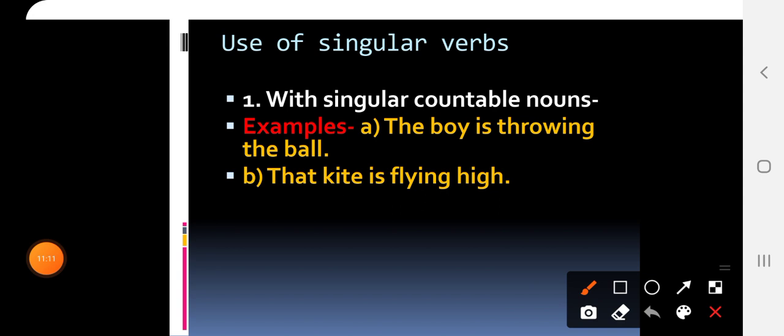In the first example, the boy is singular and it is countable also. That is why is has been used with it. That is a singular verb. In the next example also, kite is a singular subject. So that is why is, which is also a singular verb, has been used with it.